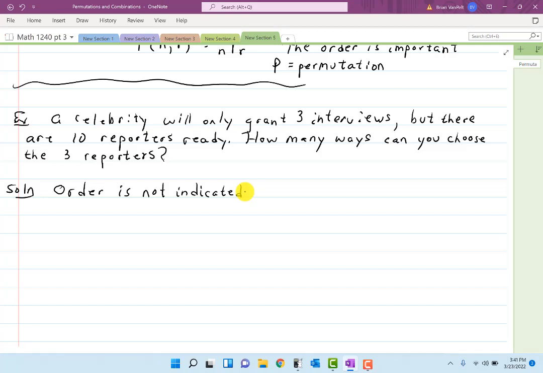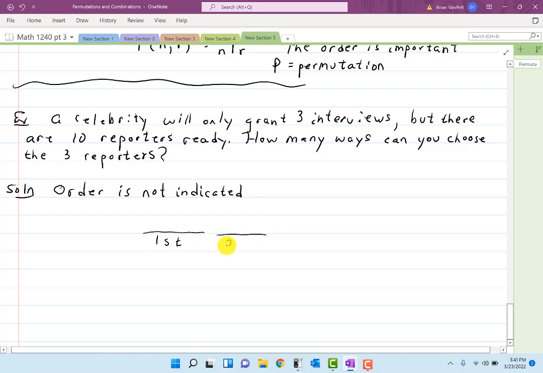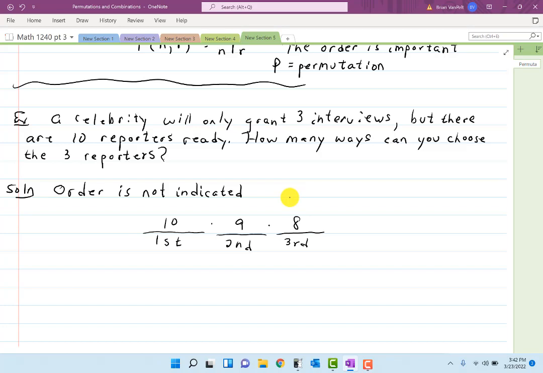Let's think about how we would select them. The way we've been doing this before is I've got a first selection, I've got a second selection, and I've got a third selection. This is what we were doing before. So we would have 10 people that we can choose for the first interview, 9 people for the second interview, and then 8 people for the third interview. This is a little different. We're just grabbing 3 reporters at random. And it doesn't matter which one comes first, second, or third. So how do I unorder this?